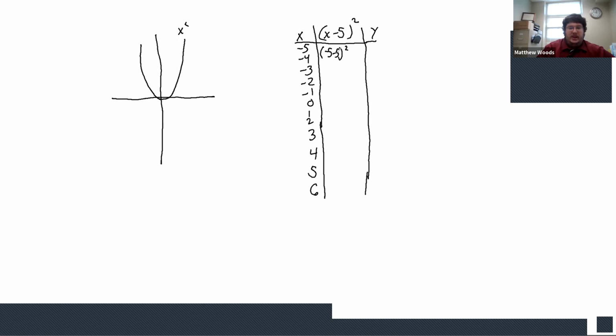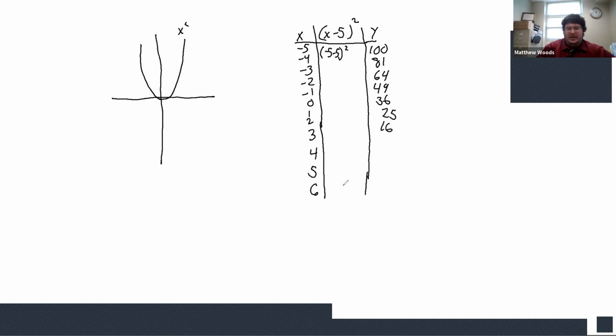Well, negative 5 minus 5 is negative 10. Squared would be 100. Negative 4 minus 5 would be negative 9, so that'd be 81. This one's going to be 64. Negative 7 squared, 49, negative 6 squared, 36, negative 5 squared, 25, negative 4 squared, so that's 16.